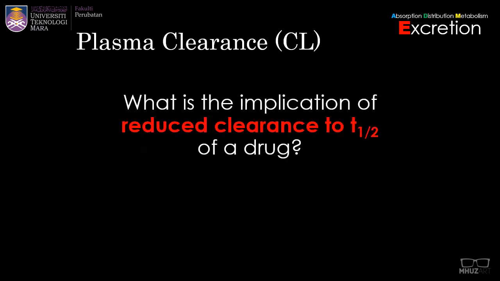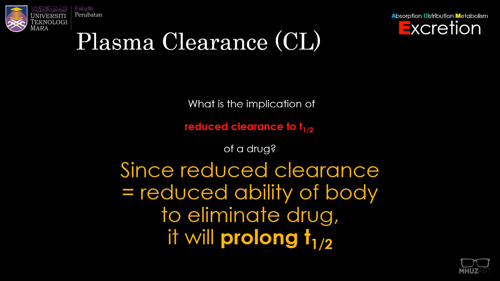So one final thing about plasma clearance. What is the implication of a reduced clearance to the half-life of a drug? Think about it for a minute. Okay, now if you think about it, if there is reduced clearance, this indicates that there is reduced ability of the body to eliminate the drug.